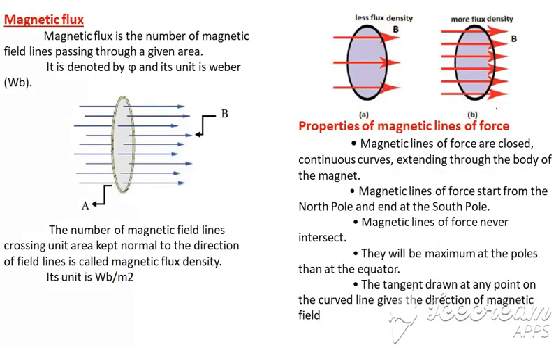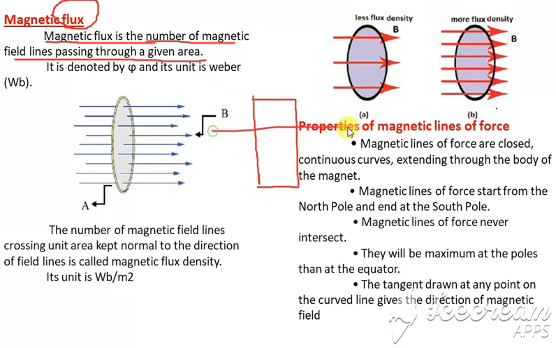Next we are going to see what magnetic flux is. Whenever you consider the term flux, it denotes the number of lines. Magnetic flux is the number of magnetic field lines passing through a given area. Considering this to be the area, if you count the number of lines passing through it, it is 3.